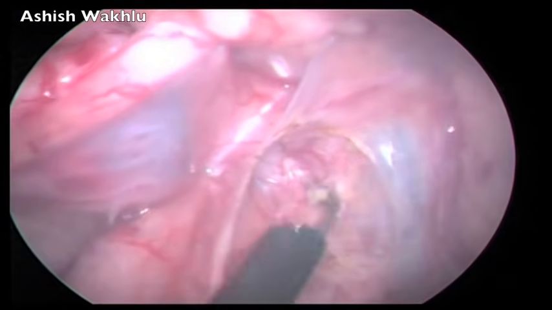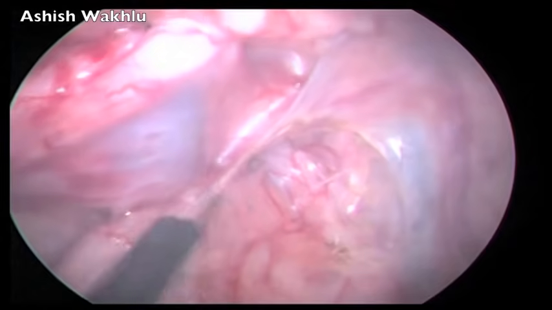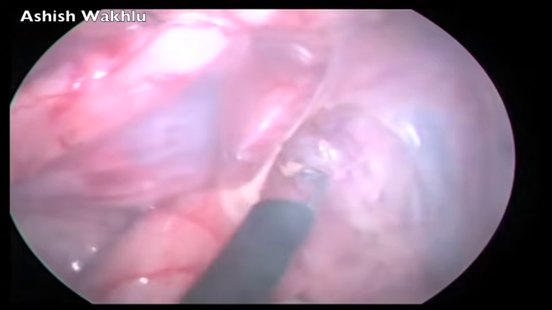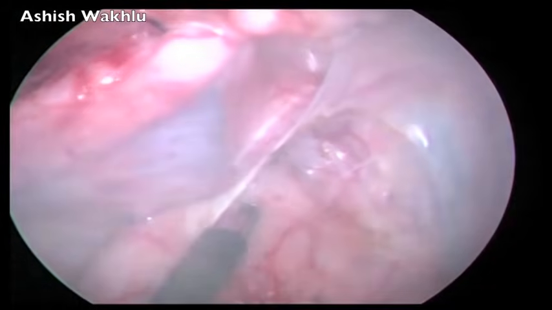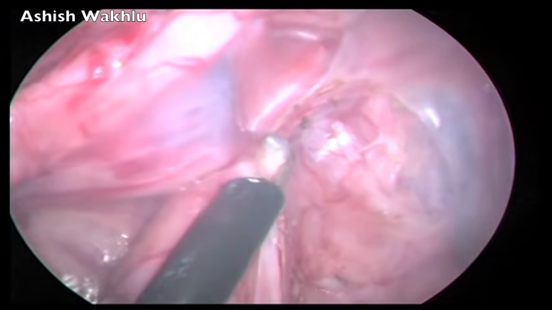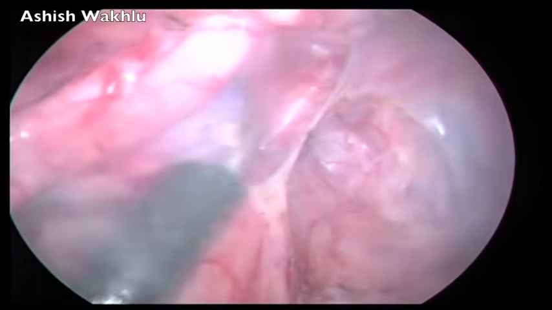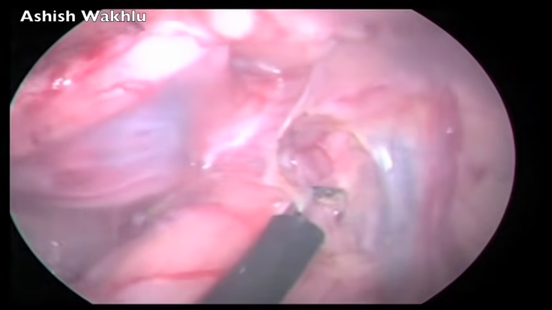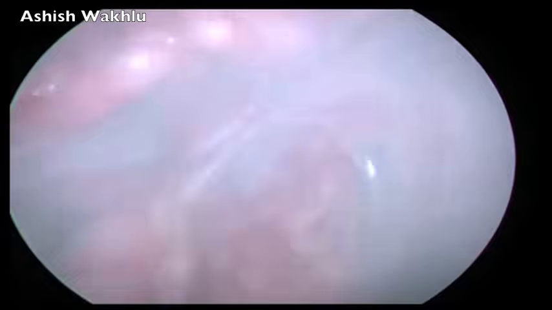Due to the abnormal position of the colostomy, the right ureter was difficult to see at first, but gradually as the dissection progressed, it became visible and the dissection could be done safely away from it.